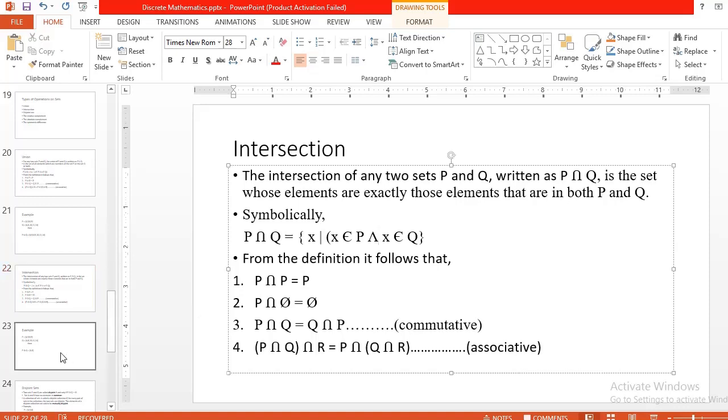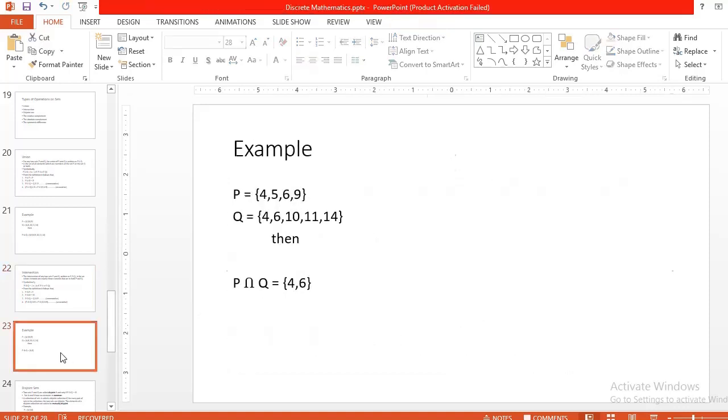See here one example of the intersection. I have taken the same example as the union. P contains these elements and Q contains these elements. Then what is the intersection of P and Q? What is the definition of the intersection?